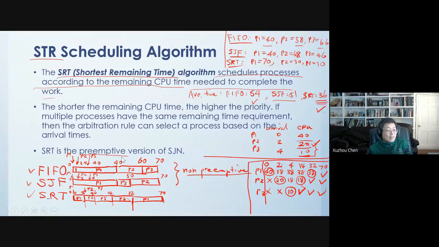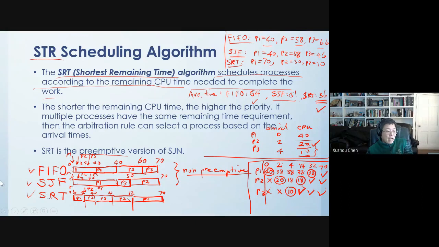Okay, let me explain this. Even though shortest job first is supposed to pick the process with the shortest CPU time first, in this particular case, P1 has a long CPU time, much longer than the remaining two.